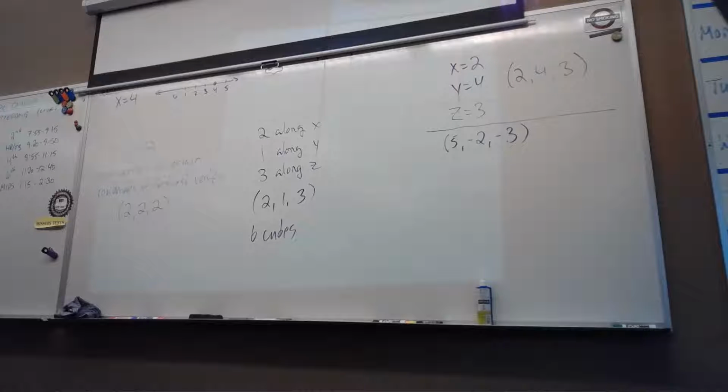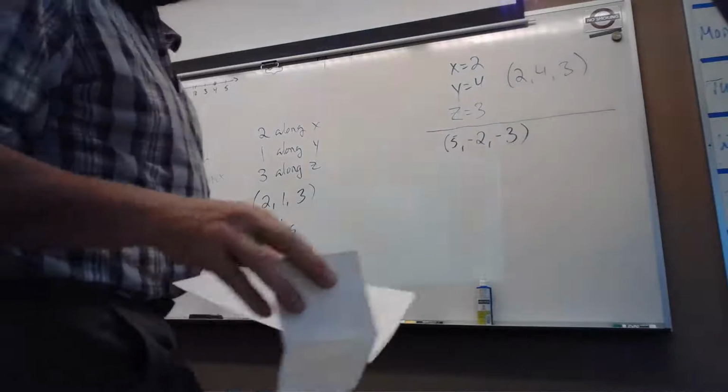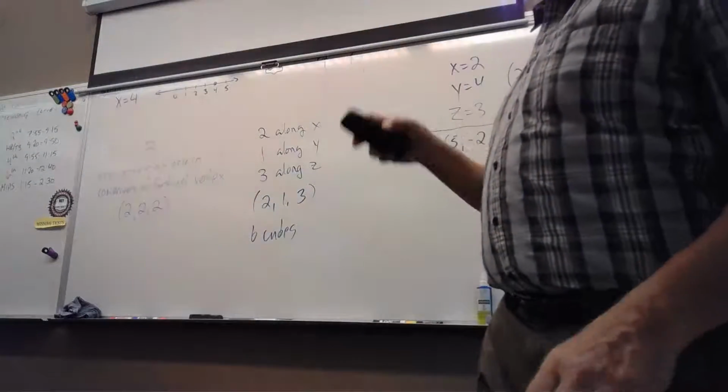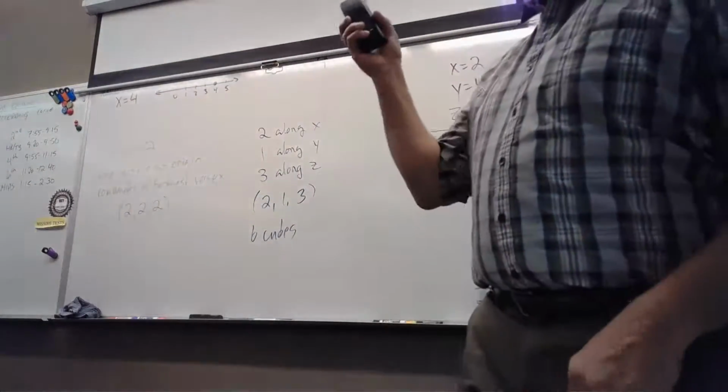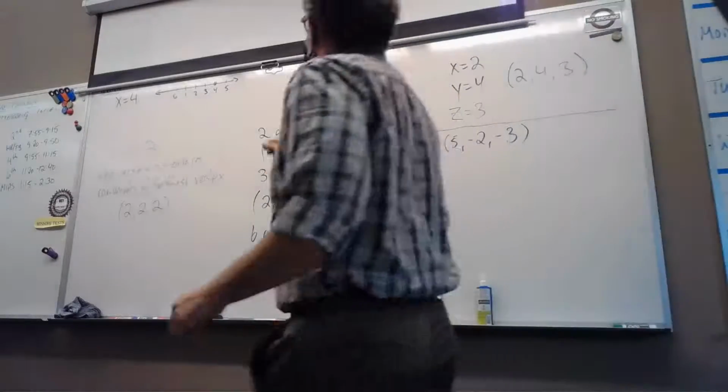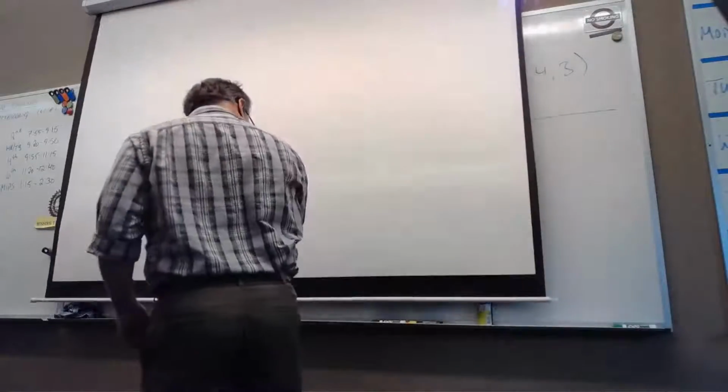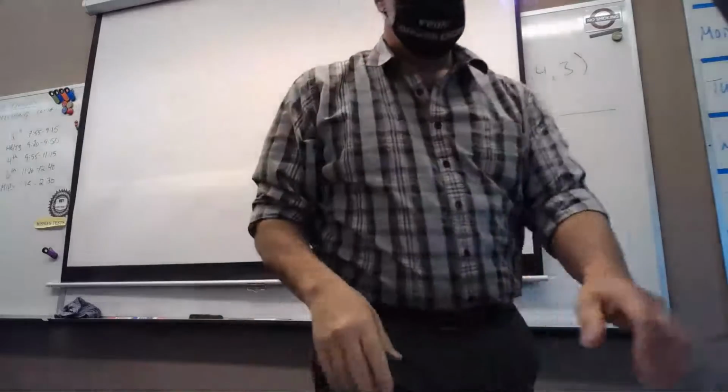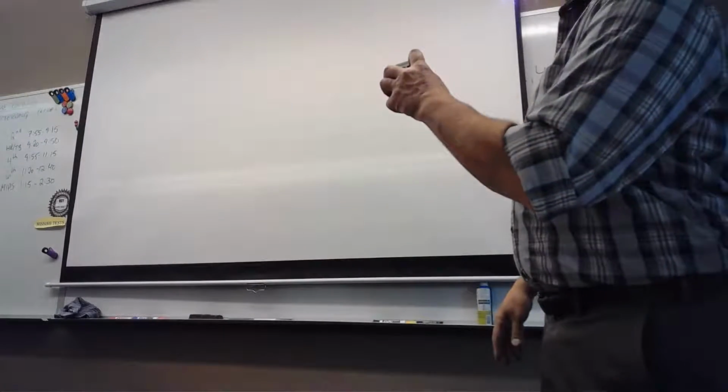I'm going to show you how to put the axes on this dot paper so that we can draw it in 3 dimensions. So here we go. Nope. Here we go. Come on.